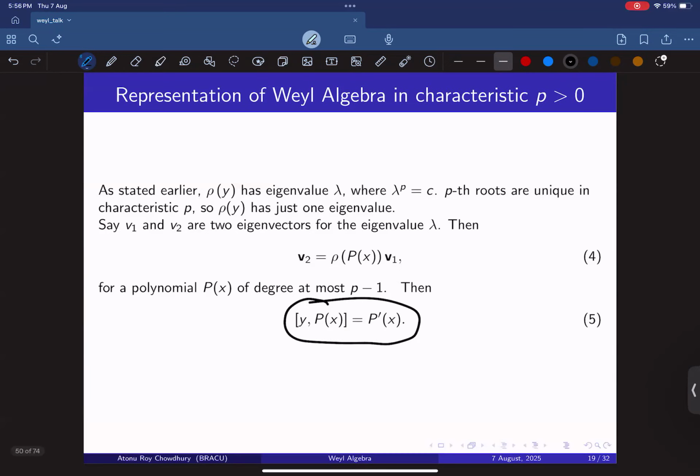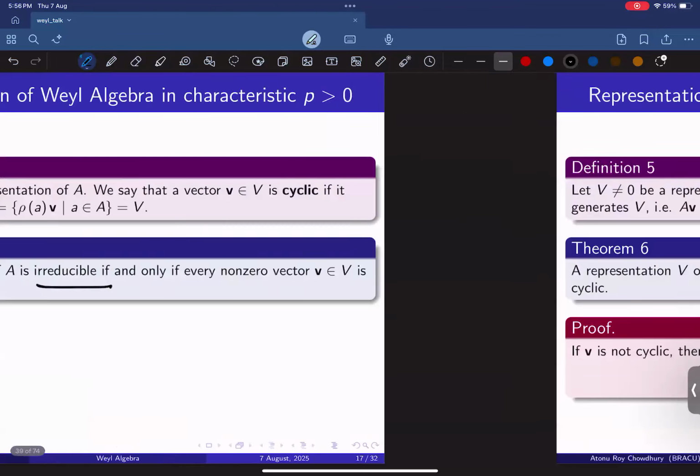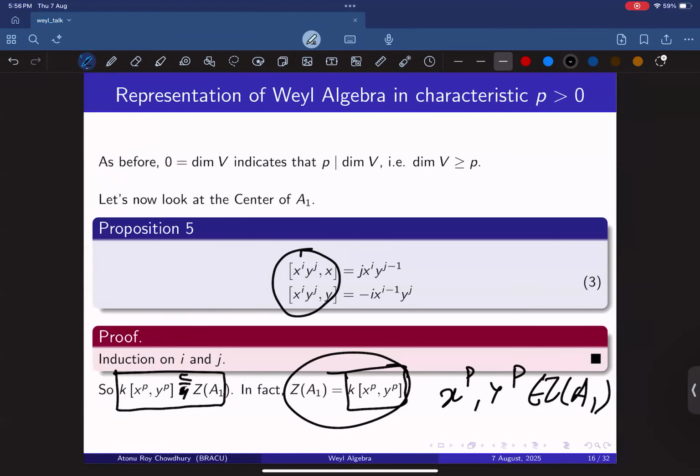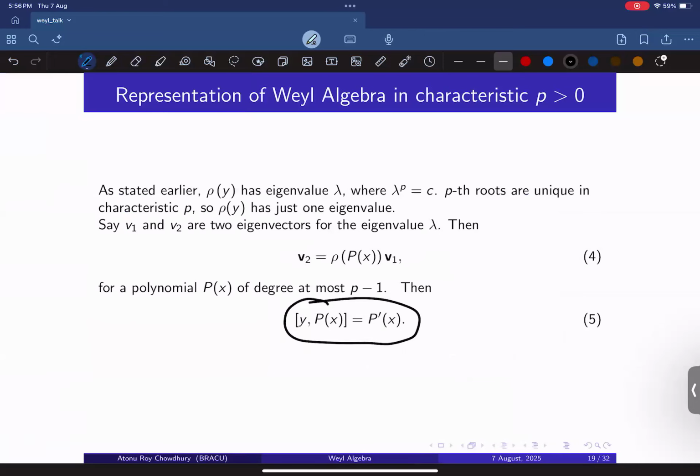Well, let's move back a bit to where we found the center. I'm going to just copy this over here. I have written that the commutator of x to the i and y to the j is equal to, sorry, there was a minus sign, minus i times x to the i minus 1, y to the j.